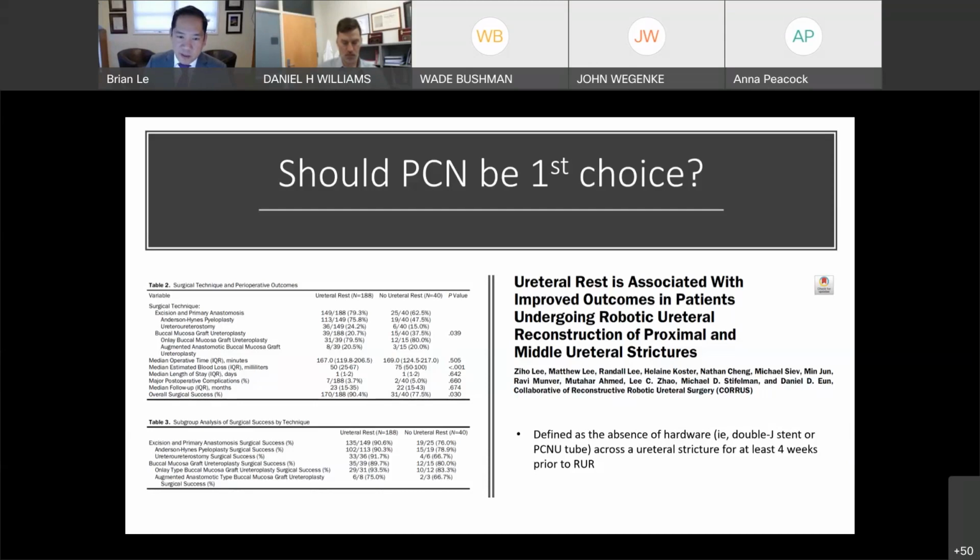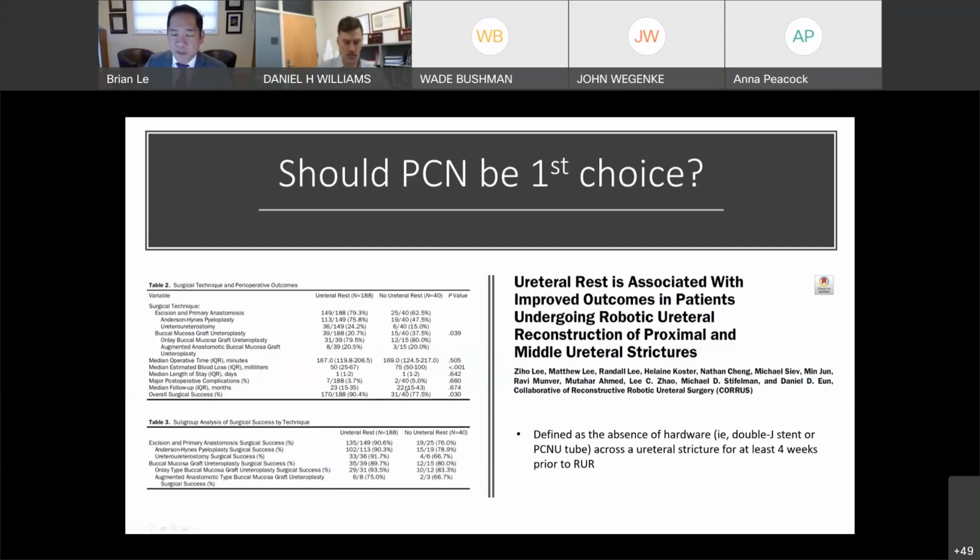And ureteral rest is the idea of not having something across the strictured segment itself, which, with its small degree of mobility, might be prolonging the wound healing cascade, leading to never really exiting the early stages of wound healing. And so they're extrapolating from urethral stricture data to apply it to the ureter.